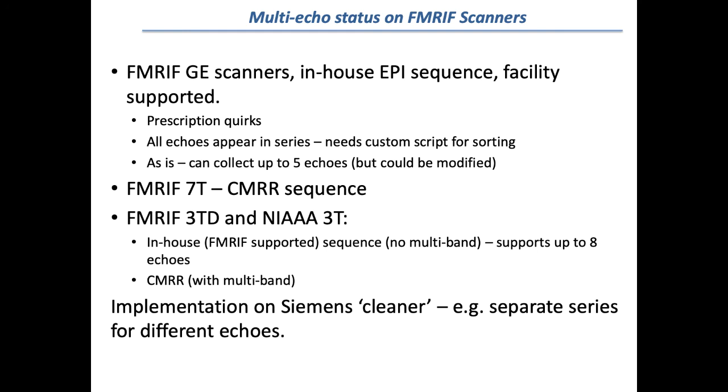They separate nicely and cleanly in your DICOM series, so those are just ready to go, and you build your data sets from the individual subseries. The CMRR sequence with multiband and multi-echo is also available on these platforms, so that's another option if you want to leverage that and you have different needs for your experiment.